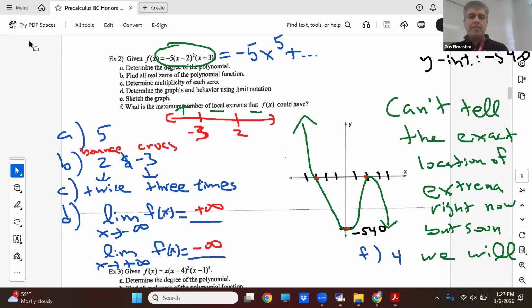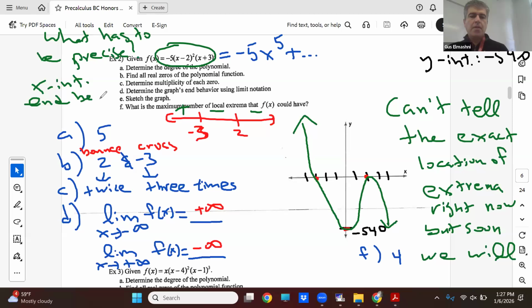So what I care about: x-intercepts, end behavior, and bounce or cross.